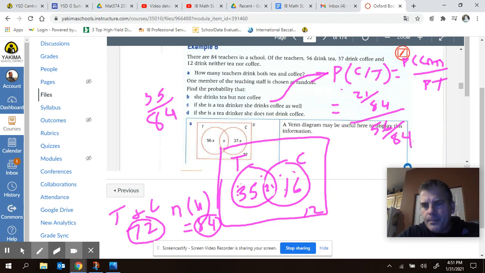I'm going to show you a shortcut. Complex fraction, the denominators are the same, and those two fractions, you can just cross them out. They just cross out, and you're left with the tops and the bottoms. So the 21 over 56 results. There's that probability that they drink coffee given they drink tea.